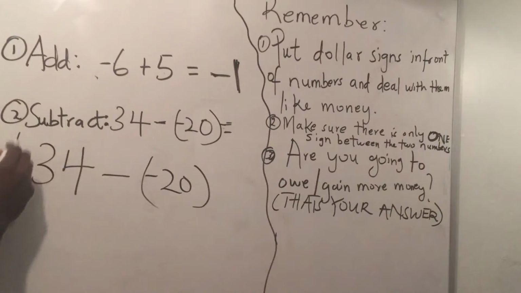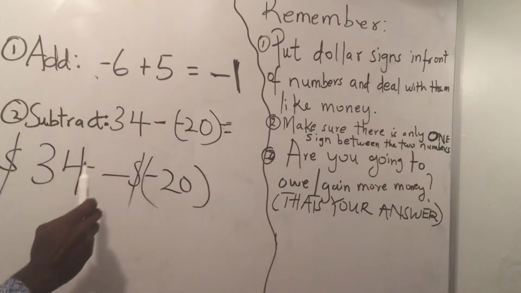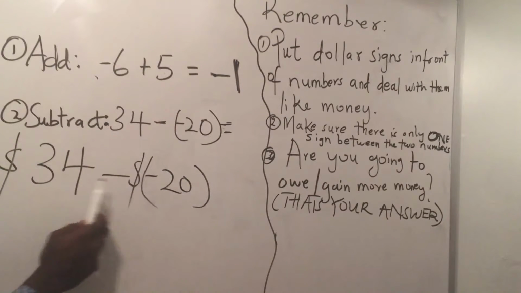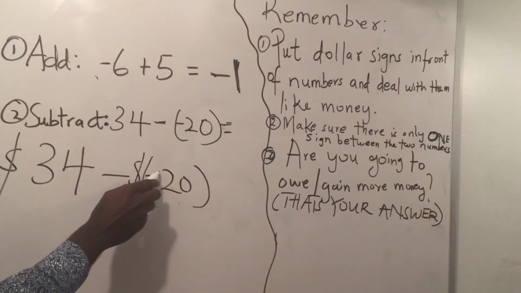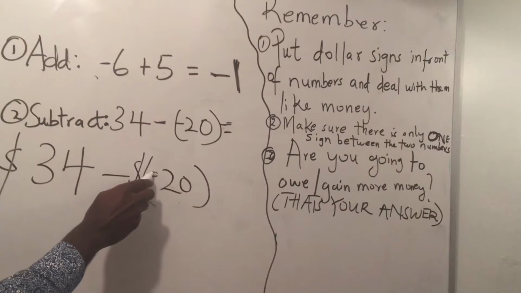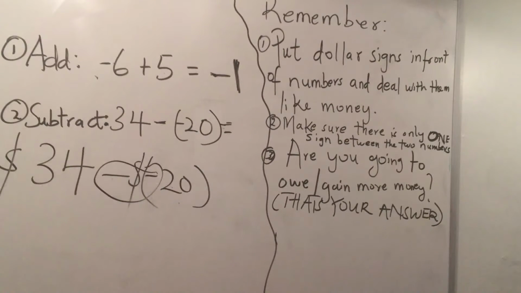So that's what you do for the first step, put a dollar sign and deal with them like money. The second step is make sure there's only one sign between the two numbers. Is there only one sign between the two numbers? Oh, wait a minute. I see two signs, negative and negative. And it has to be only one sign.